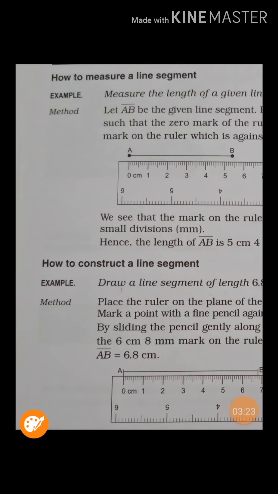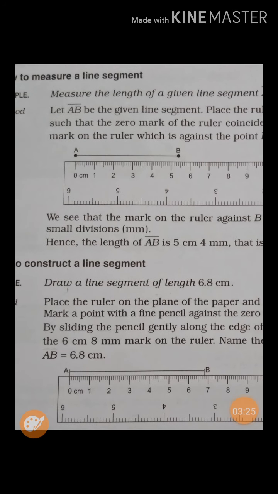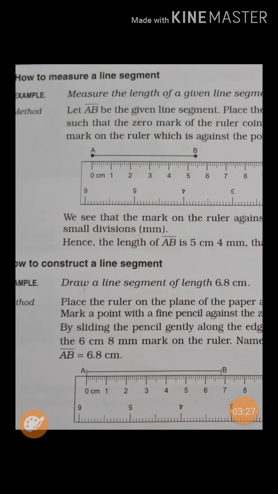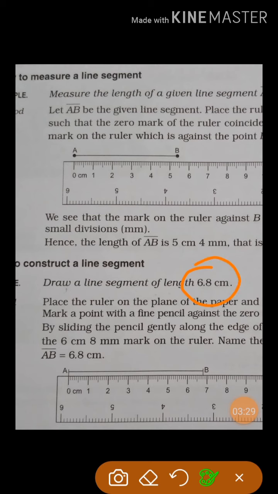Now see how to draw a line segment with the help of a ruler. We are going to draw 6.8 centimeters. First we place our ruler on a plain paper sheet. Where it is 0 we make a point, and then see where it is 6.8.